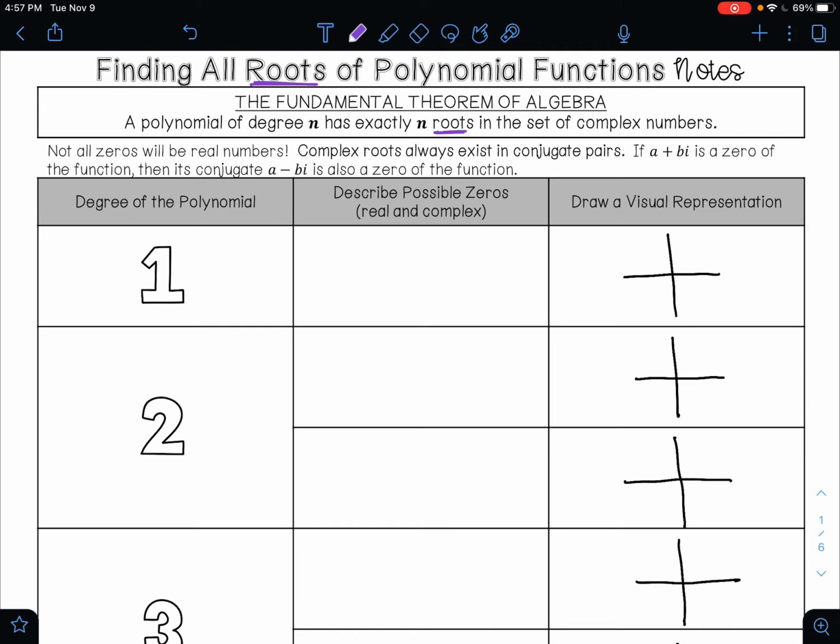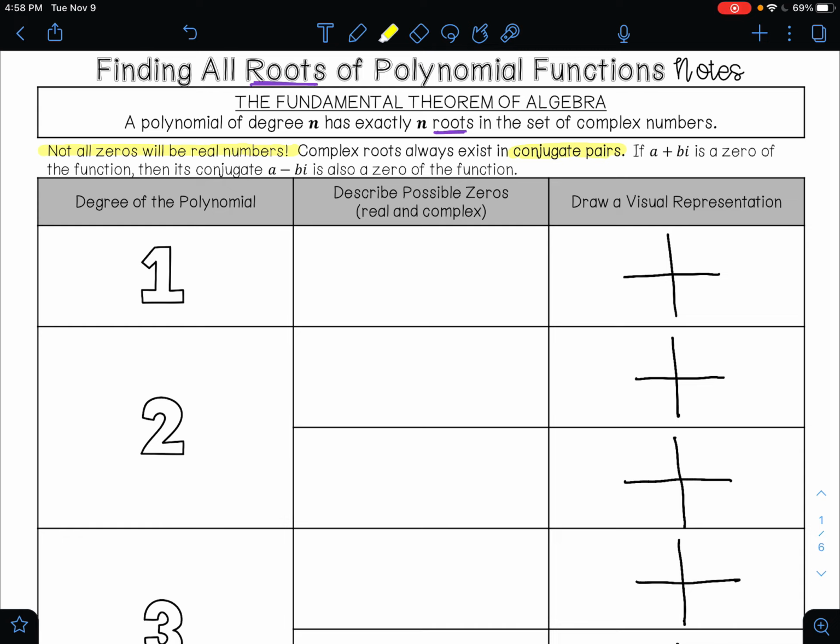So remember that not all zeros will be real numbers. That's what we've had so far in this unit, but imaginary numbers do exist. We talked about those back in Unit 1. When you have a complex root, so an answer that is imaginary, the complex roots always exist in conjugate pairs.